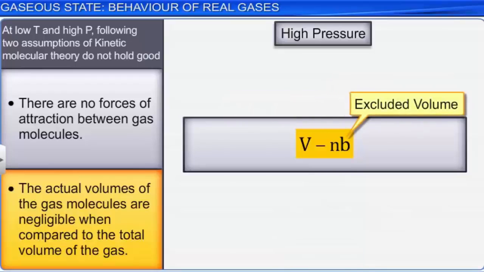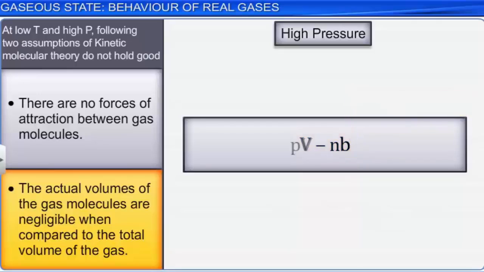After substituting the two corrections of pressure and volume in the ideal gas equation, PV is equal to nRT, we get (P plus a n squared by V squared) multiplied by (V minus nb) is equal to nRT. This equation is known as van der Waals equation.